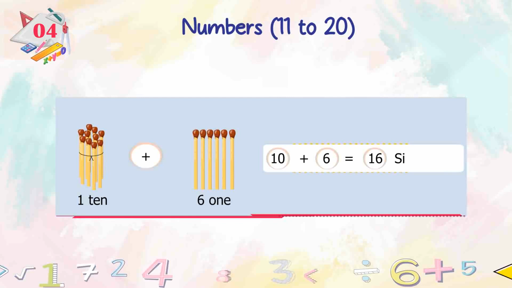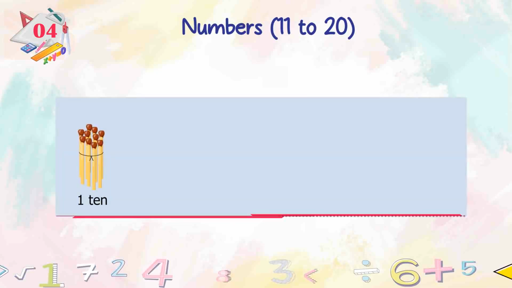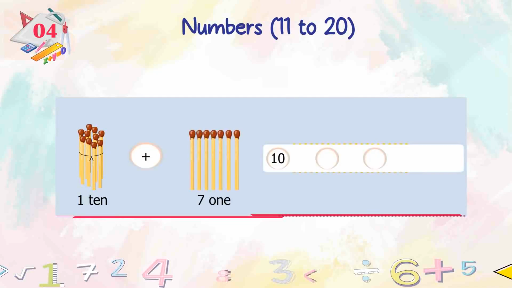S I X T E E N. 1 ten plus 7. 1 ten plus 7 is equal to 17. S E V E N T E E N.